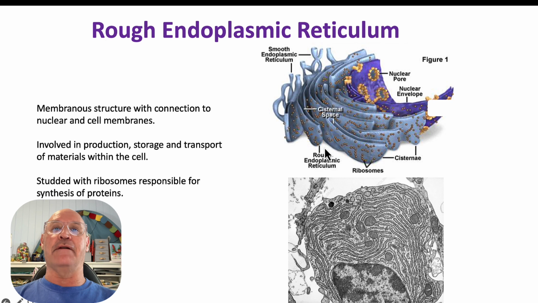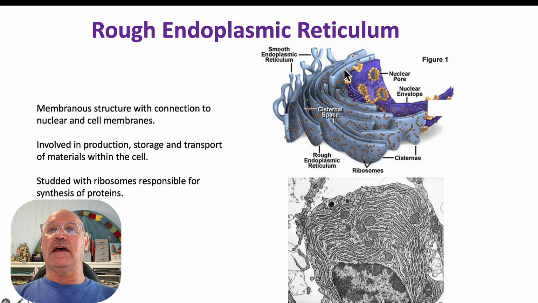So it's rough because it's got the ribosomes on it. And it's a membranous structure that is a continuation of the nuclear membrane, and also is in contact with the cell membrane on the outside. Okay, so it's connected with the nuclear membrane down here and the cell membrane on the outside.